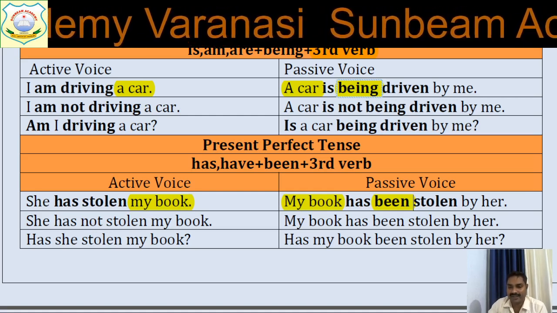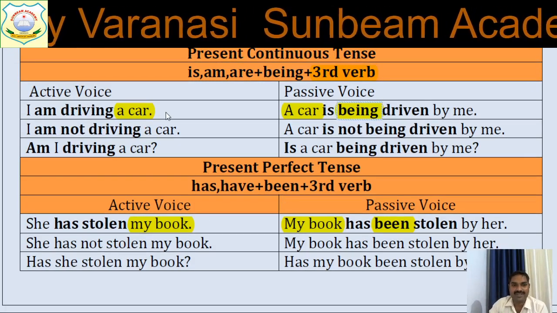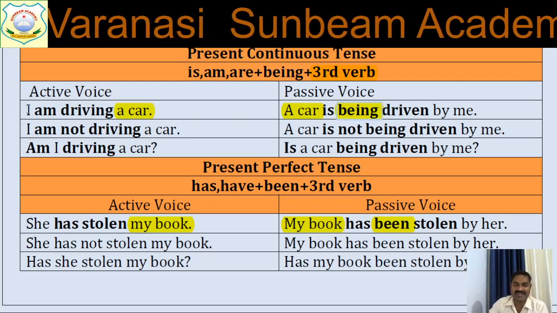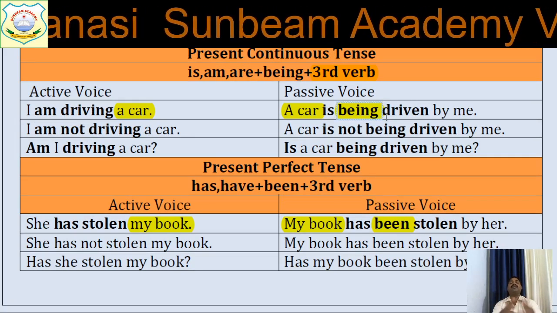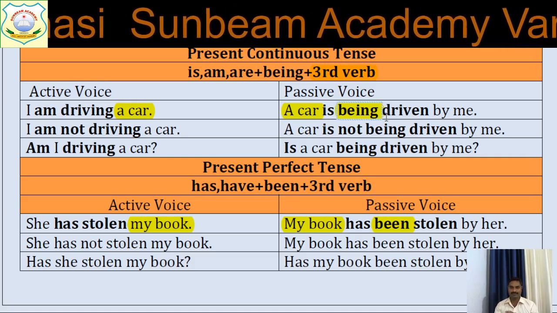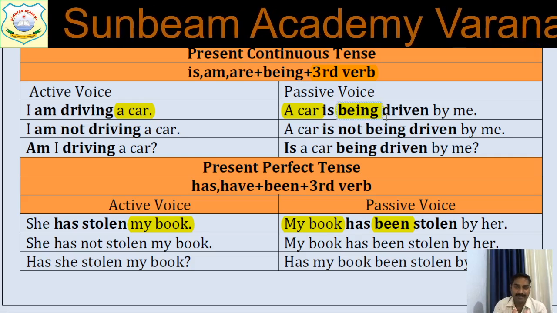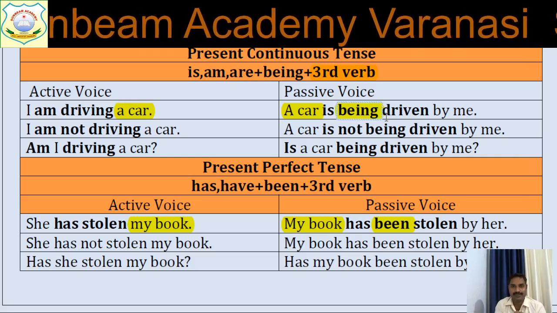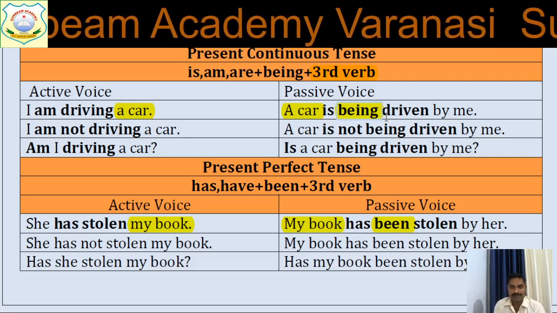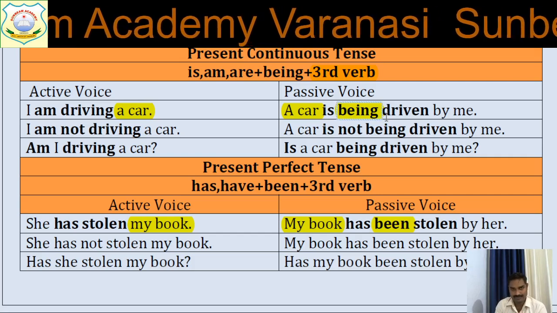For example, if you make any sentence here, I have been driving a car. So this is in active voice, present perfect continuous. I have been driving. So here been is already used. And moreover, the main verb is here in ing form, and been is also used. So two different sorts of verbs are already used.